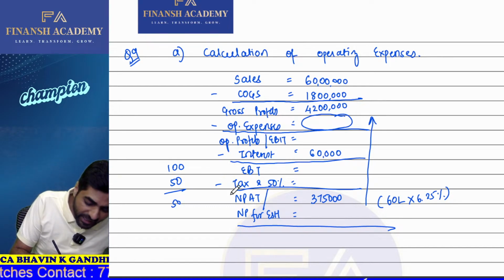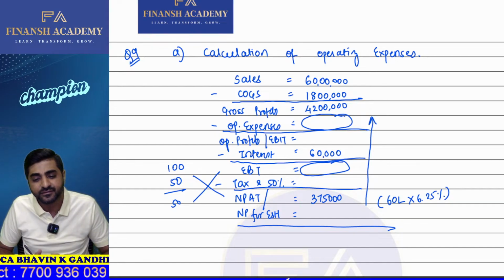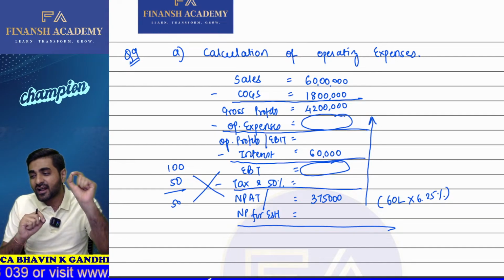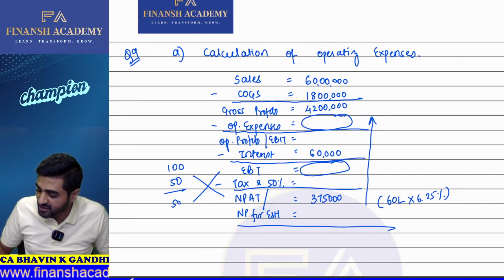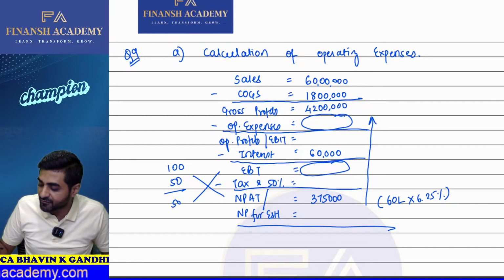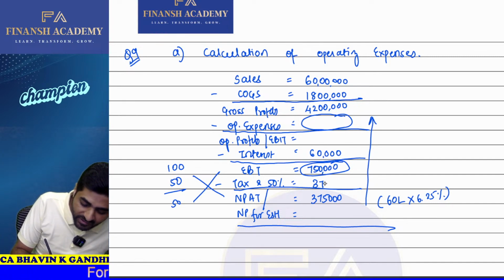Can we cross multiply and calculate your amount of EBT? Come on, yes or no? Yes, sir. So if 50 figure is 3,75,000, your 100 figure should be how much? We can cross multiply it. We take 3,75,000, multiply that by 100, divide that by 50, that will give you 7,50,000. Now this is 3,75,000.